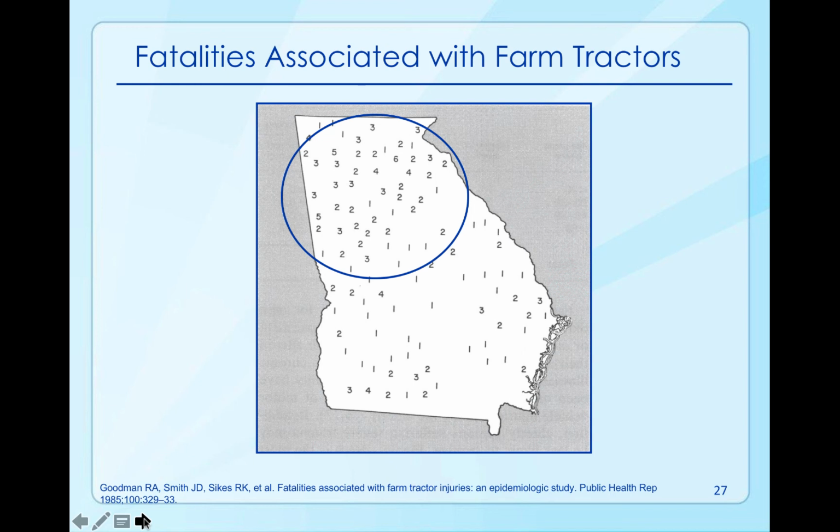And that makes sense because we certainly know that in South Georgia there are plenty of older gentlemen on tractors. However, the landscape is flat, whereas in North Georgia you had a lot of hills and rocks. I often would have a patient who had been in a rollover accident with a tractor. The tractor had fallen. So that's just some things you can infer by looking at those statistics.